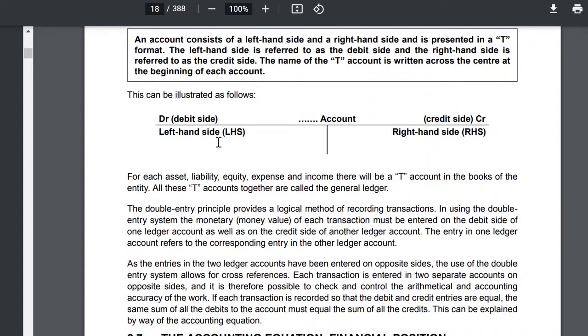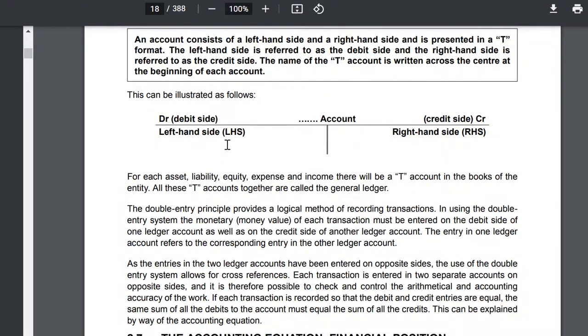So I'm saying there are two accounts involved. There is a sale. For this example, guys, I'm ignoring VAT. So the two accounts will be a sale, money coming into the account.